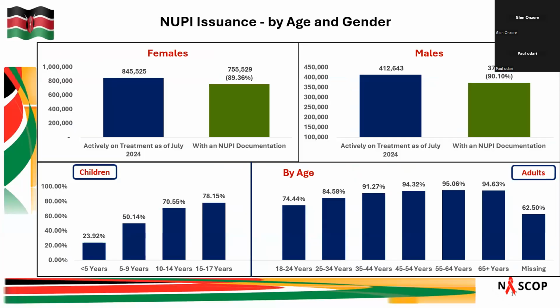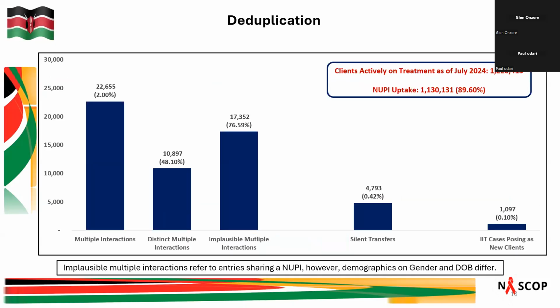For gender, we see that there is no apparent difference between the females and the males. Both are at around 90%. But when we look at age, we see that children and AYP have a lower uptake of NUPI, and this is possibly due to missing birth certificates, since we know that the NUPI is given based on the national identification, and these are children who have no IDs. We can go to the next slide.